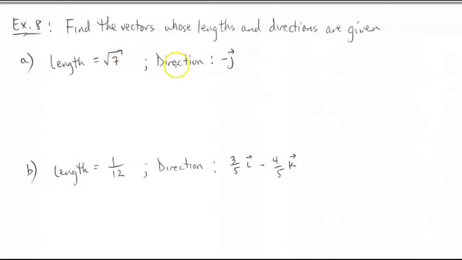We know that the j directional vector itself is just going to be 0, 1, 0 when it's in its component form, but the minus of that will make that 1 here be negative. And of course, if I take any unit vector and multiply it times its length, that would give me a regular vector.